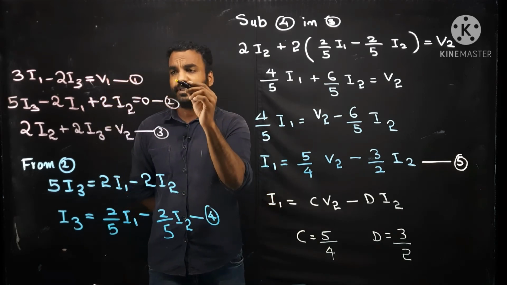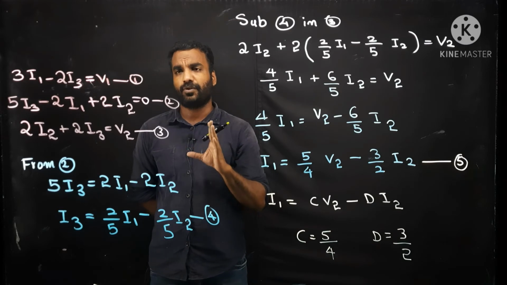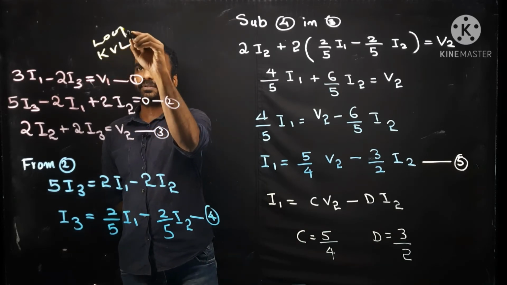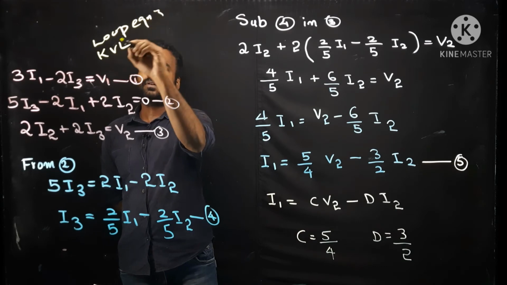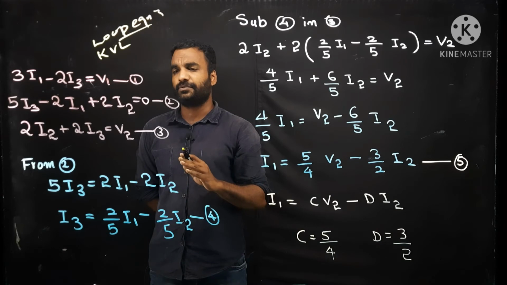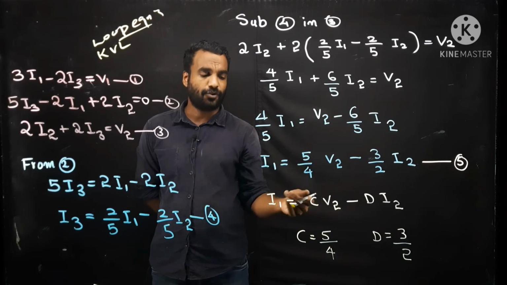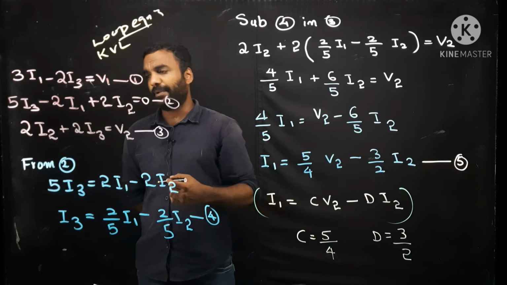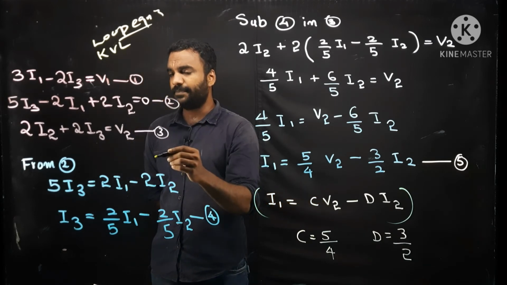Okay, so these are the three equations we already got from the KVL loop equations. Now I am going to rearrange these equations to make them the standard form of our ABCD parameter equation. So follow these steps.